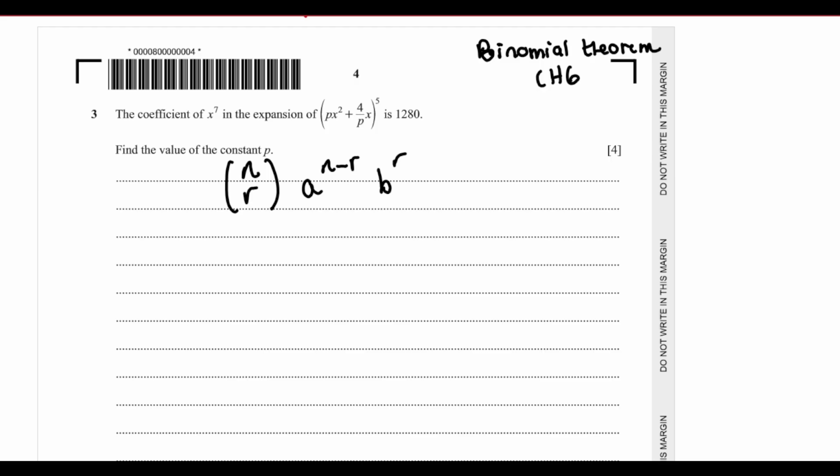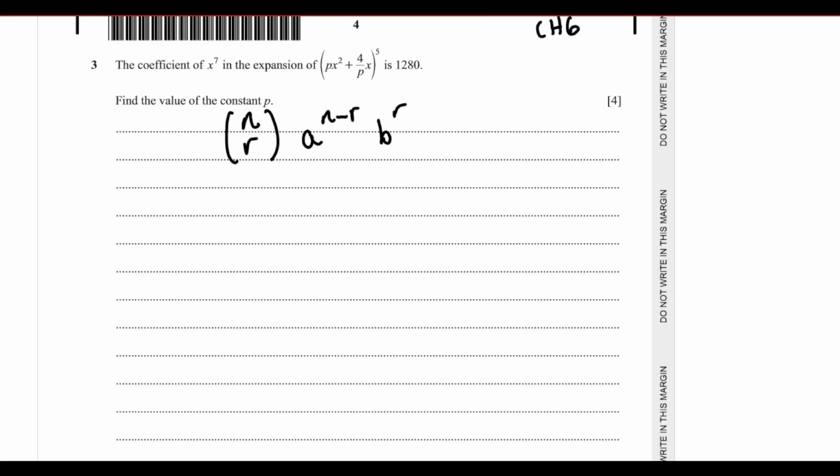Now, this one is tricky because both terms in the bracket have x's. You'll know what I mean if you've done maybe the exercises in the book or something. But I can show you a trick because it's only 4 marks. You don't want to be here forever.